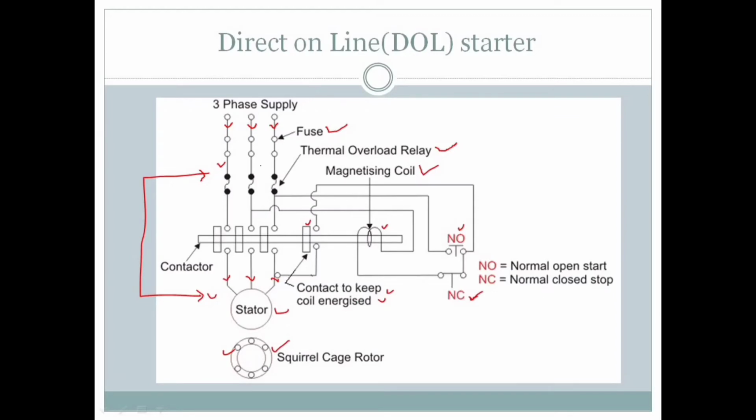When supply is given from the three-phase power source to the starter of the squirrel cage induction motor, the magnetizing coil is connected in this way to another phase.